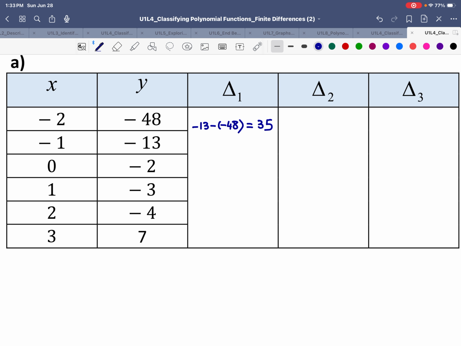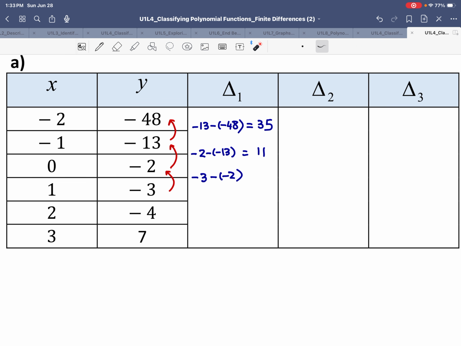Next, we have negative 2 minus negative 13. So that's negative 2 plus 13, and negative 2 plus 13 equals 11. Next, we have negative 3 minus negative 2. So let's do these little arrows in here to keep us focused.